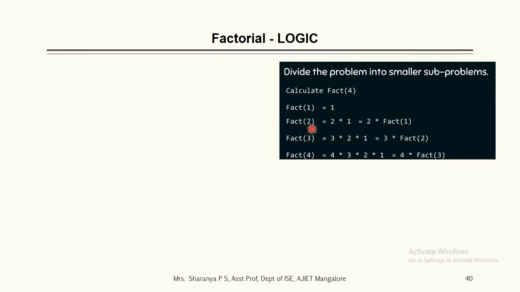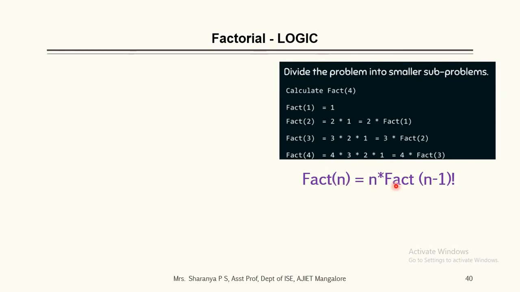That is, factorial of 2 is whatever value it computed to. So, we can write it as 3 into factorial of 2. In the same way, factorial of 4 is nothing but the current number, 4, and one number less than that, that is the factorial of the previous number, so we can write it as 4 into factorial of 3.